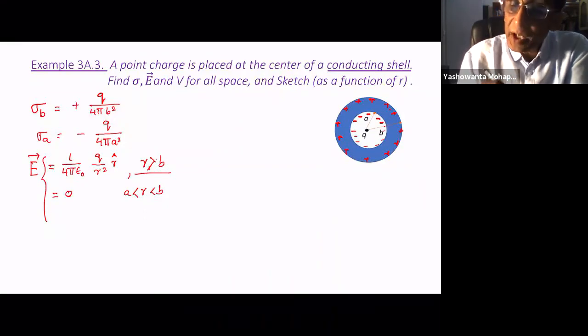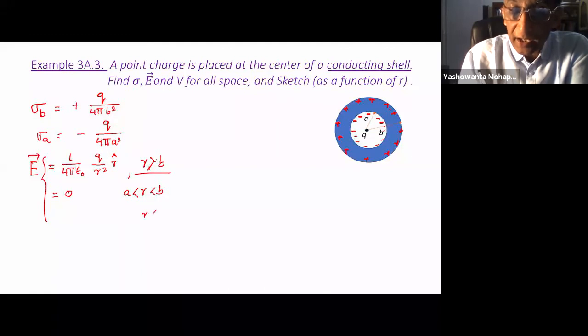And for R less than A and greater than 0, how much is that?